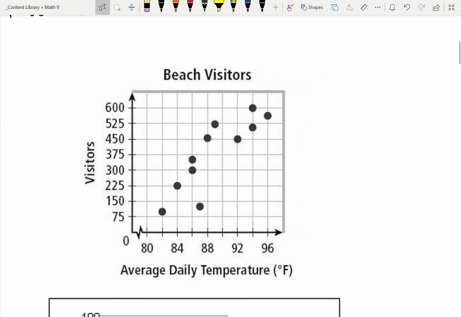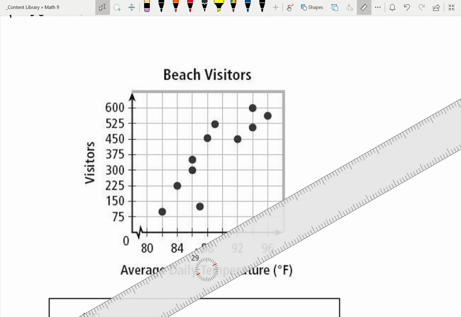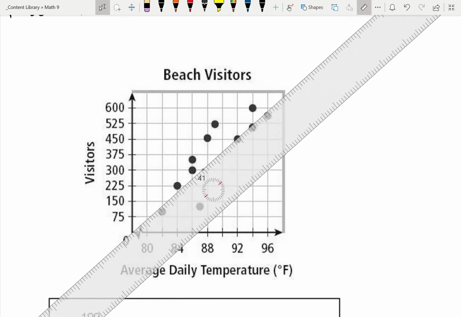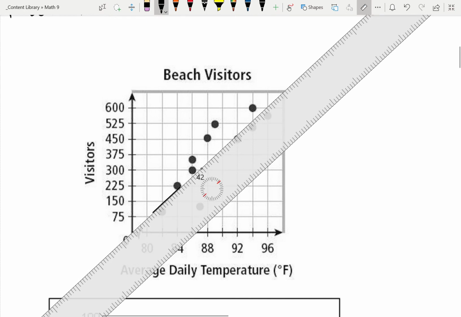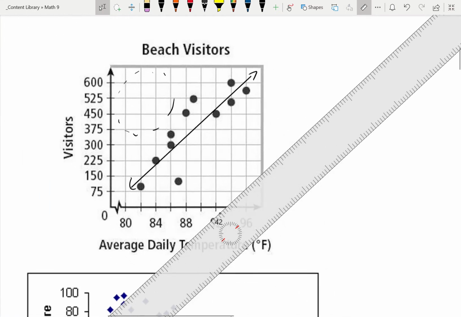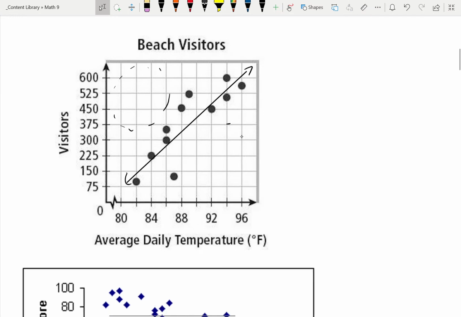Another example, this one's a little bit harder to see, but average daily temperature is on our bottom, and then beach visitors. If I make a rough line, I can kind of see that there is a trend here. The reason being is that there's nothing here, and there's almost nothing here.